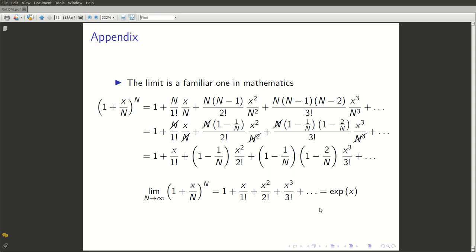So, (1 plus x by n) raised to the power n in the limit n goes to infinity becomes exponential of x. In fact, this is exactly the way the exponential function was introduced historically, as an answer to the question, how much would a unit principal become for a rate of interest x if it were compounded arbitrarily many times in a year? The history is fascinating. You may want to look it up.